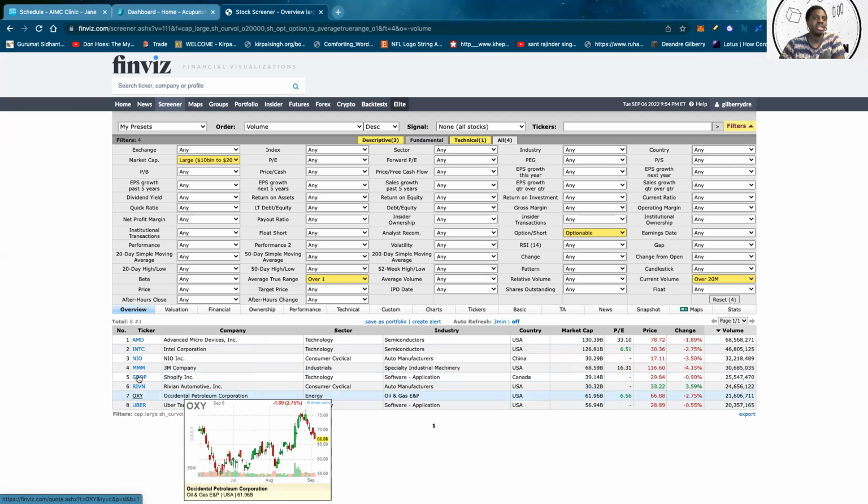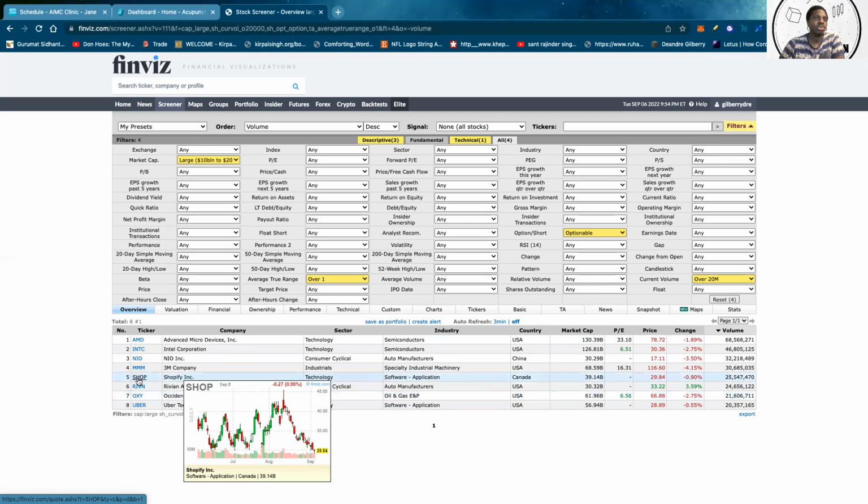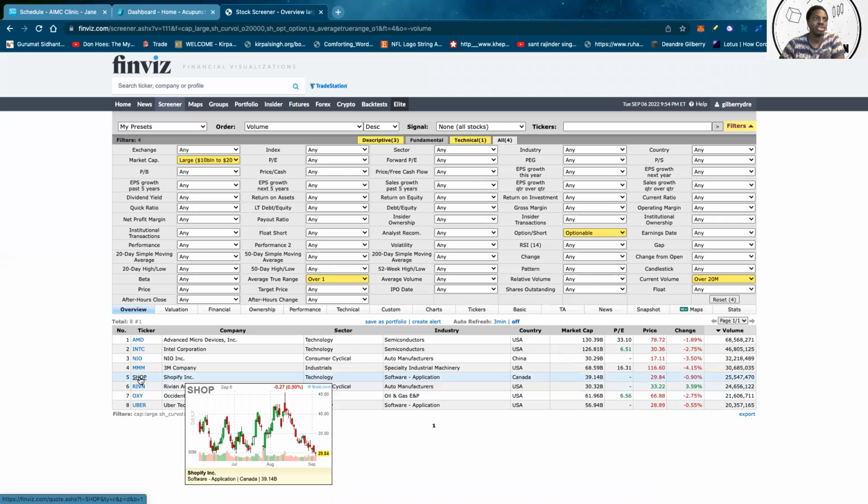Out of this list, Shop will be something that I would be highly interested in if I was playing options based off this beautiful setup. Definitely looking at this. Let's see, Neo. Neo potentially at 16, that would be something I would personally like to buy, like a buy-the-dip type of thing.